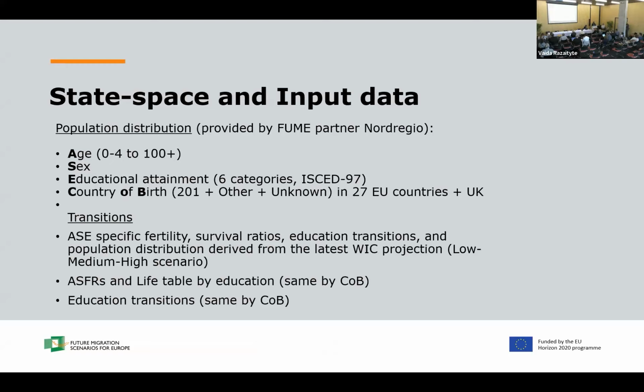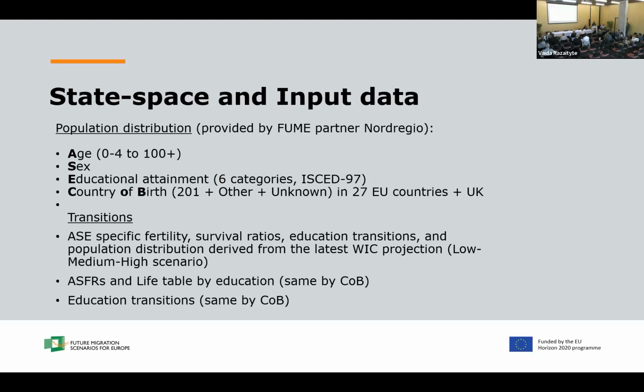First, quickly about the population projection model for the national, also global level, if you want to call it. We got data from Nordregio for the EU countries by age, sex, education, and also country of birth for all EU countries and the UK.